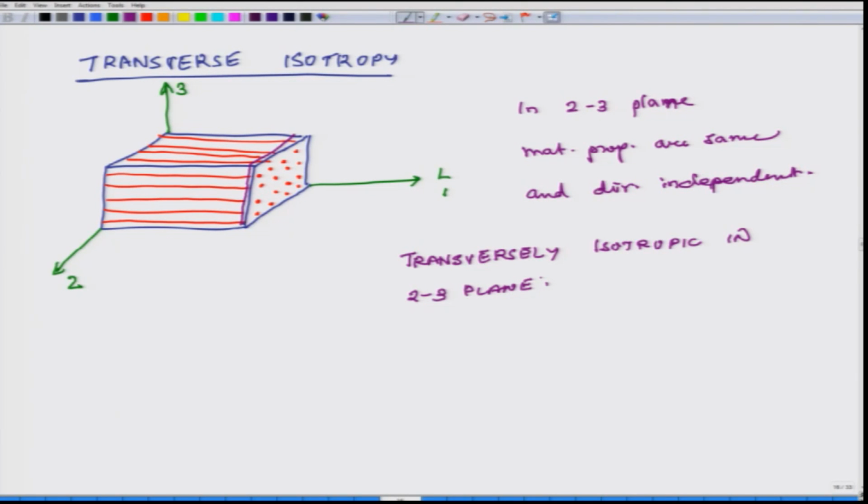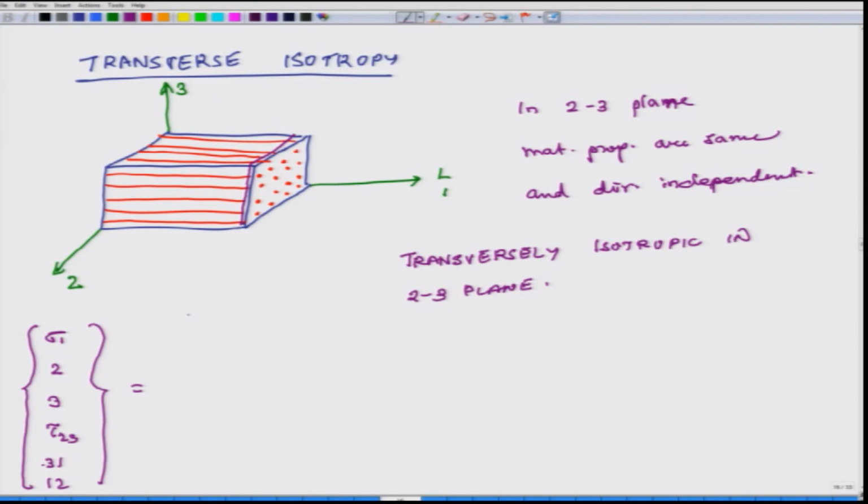Now, the stress strain relationships for an orthotropic material were this: sigma 1, 2, 3, tau 2 3, 3 1, 1 2.